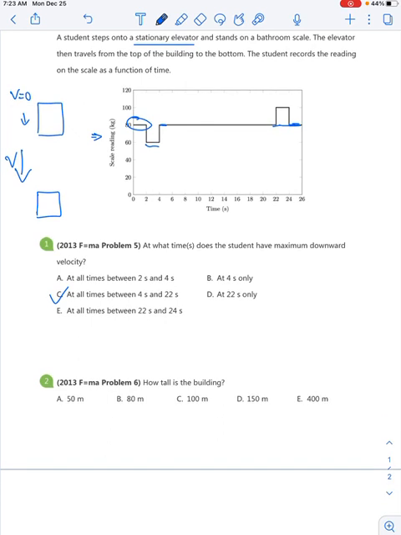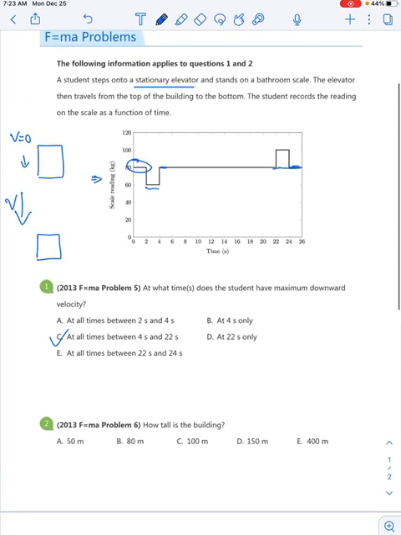But for the second one, we are going to do some calculation. How tall is the building? To solve the second problem, we are going to use a few kinematic equations. First of all, we know that the elevator undergoes 2 accelerated motions, which will be the 2 seconds to 4 seconds and the 22 seconds to 24 seconds.